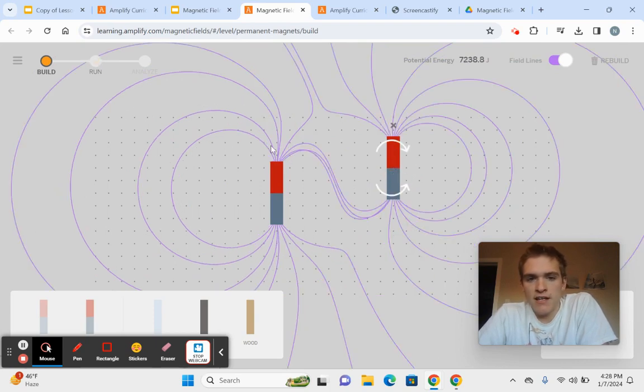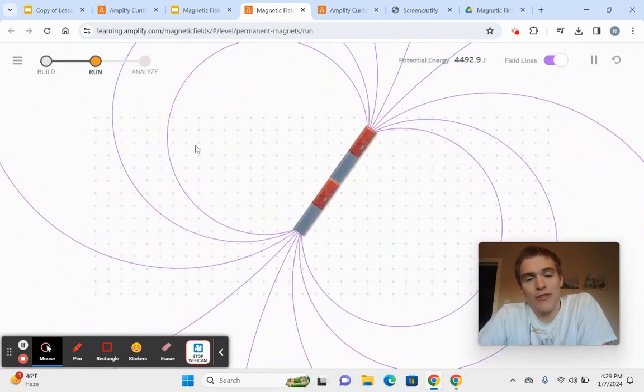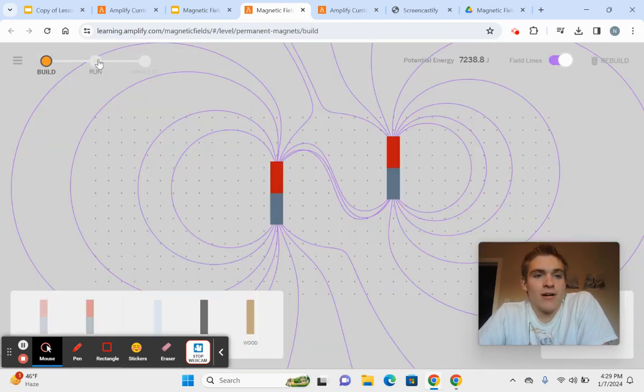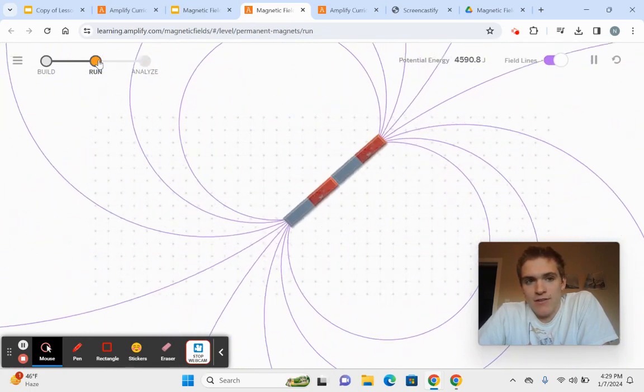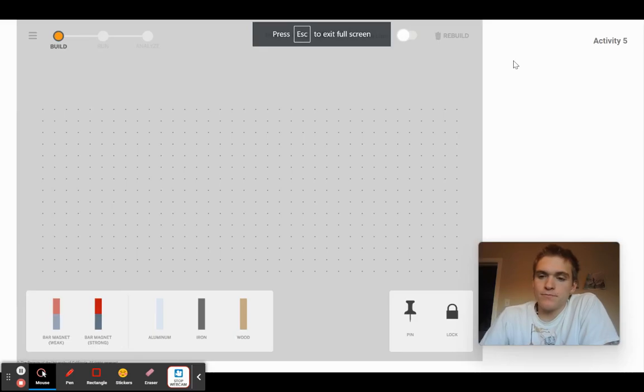You'll notice again, some magnetic field lines are not overlapping. Some magnetic field lines are overlapping. Let's run the simulation. Woo! It does that cool little thing. Squiggles around like that. Let's go back to the slideshow.